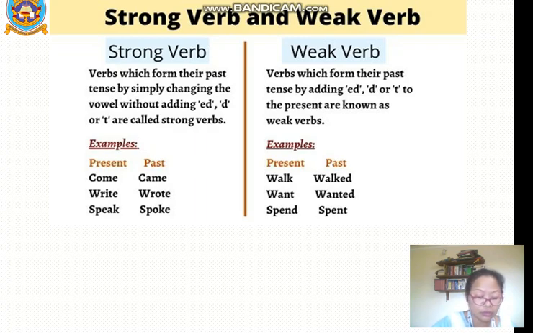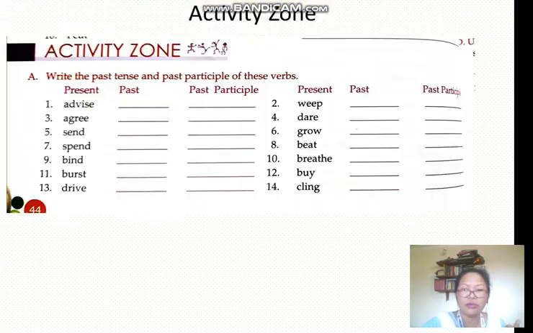Fly, flew. Know, knew. Run, ran. So we make the change in the vowel in strong verbs, and in weak verbs we add t, d or ed. Please look at the list of strong verbs and weak verbs given on pages number 43 and 44 of your English grammar book.